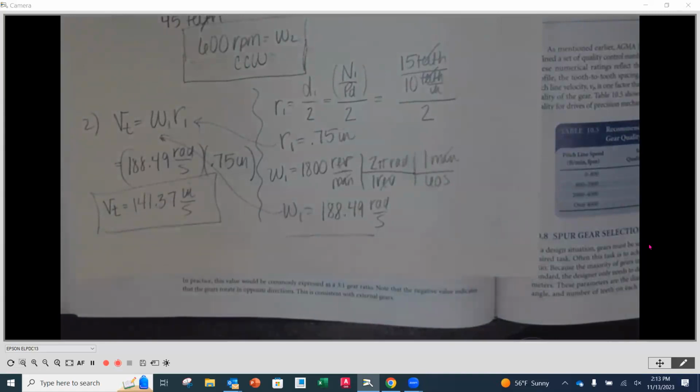Now they put it in feet per minute. I don't know if my number's right. 0.75 times 188.49 gives 141.37.